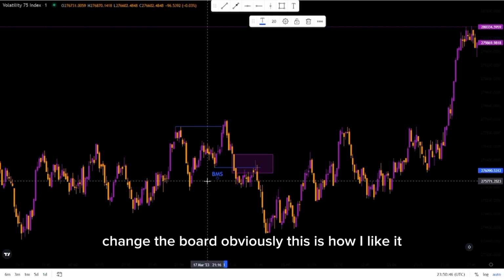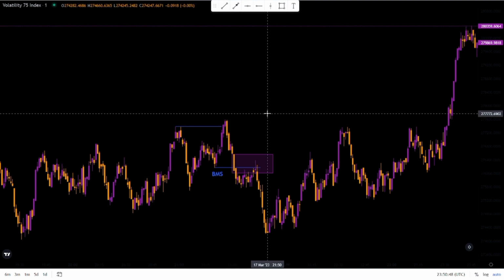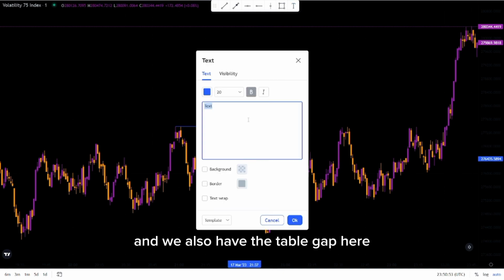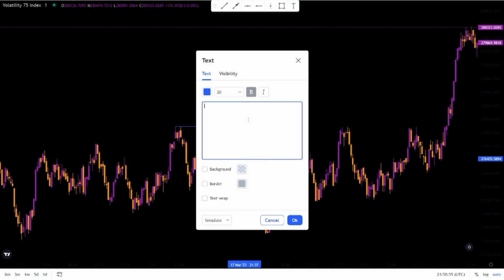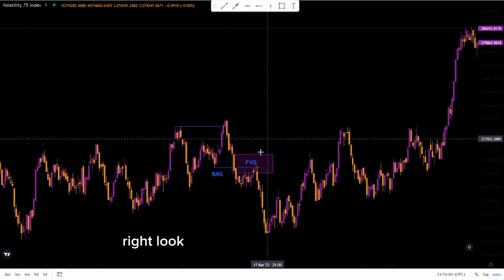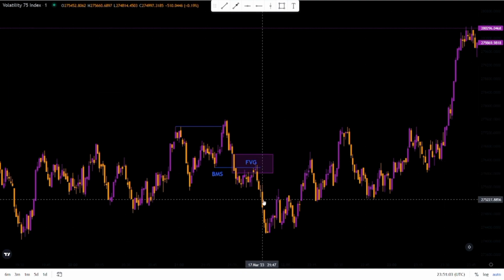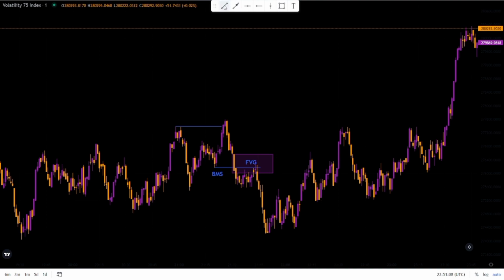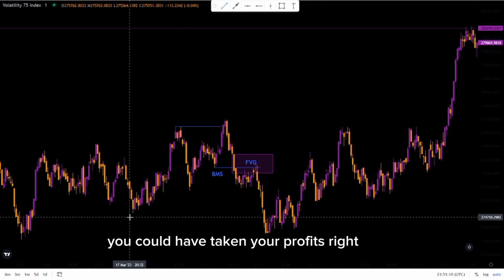This is how I like it. Breaking market structure, and we also have the fair value gap here, which you could have used to take a trade. Look at how the market went down. You could have taken your profits right there.